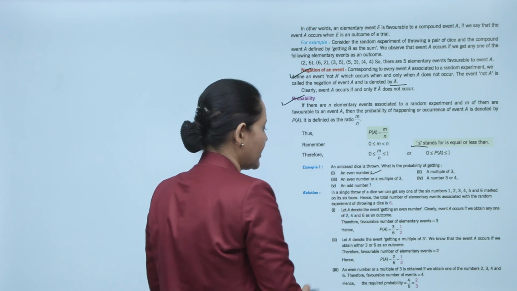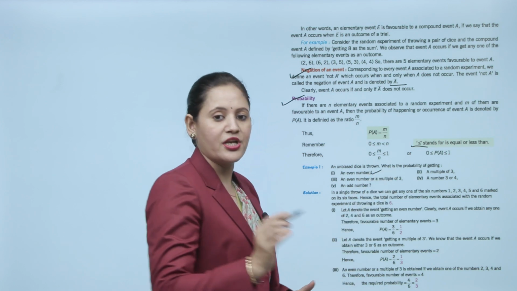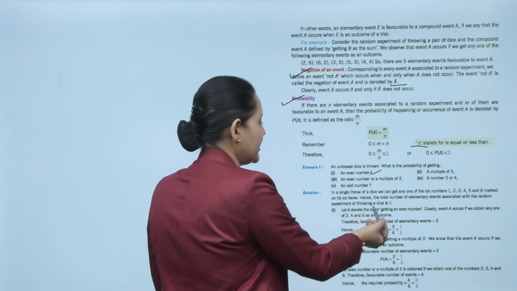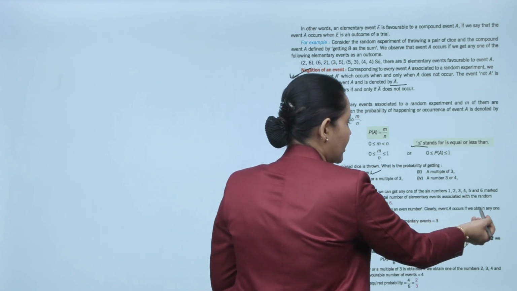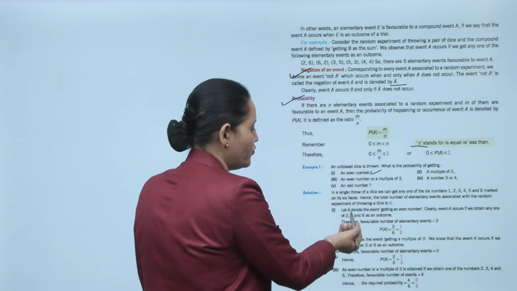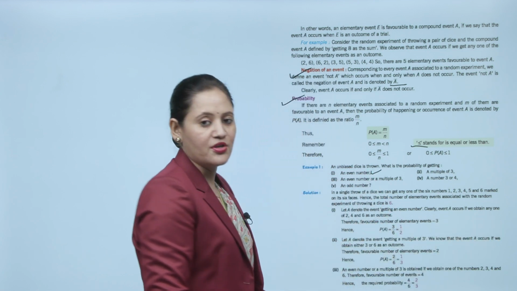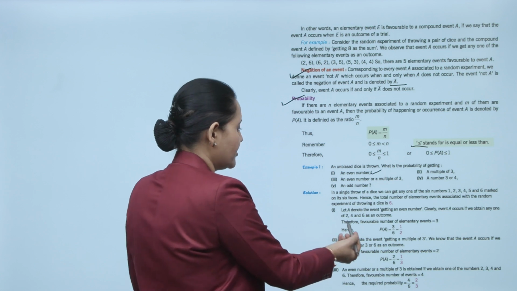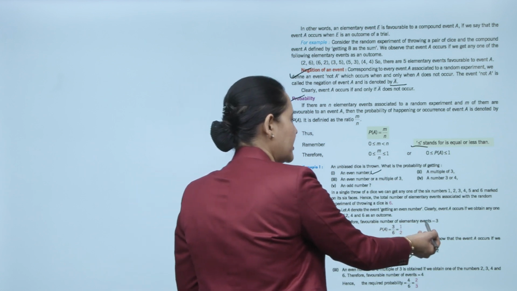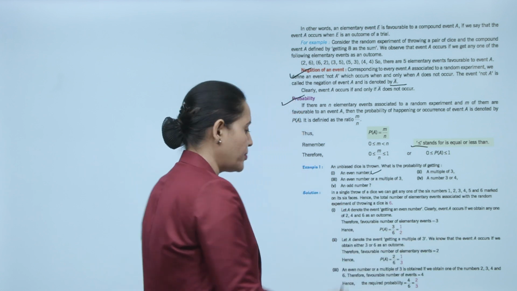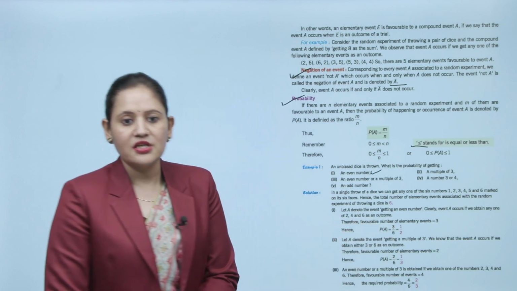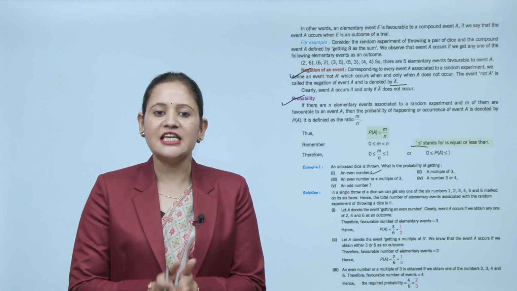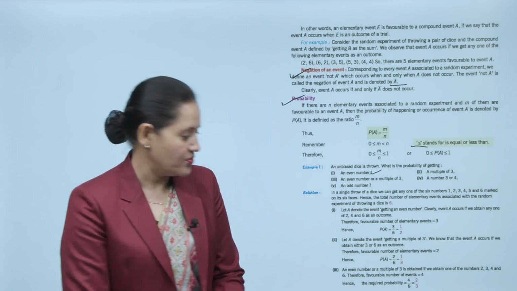Even numbers are 2, 4 and 6, which is 3. Let A denote getting an even number. Clearly, event A occurs if we obtain any one of 2, 4 or 6 as an outcome. So, the number of favorable elementary events equals 3. So, the probability is 3 upon 6, that is 1 by 2. So, the probability of getting an even number is 1 by 2.